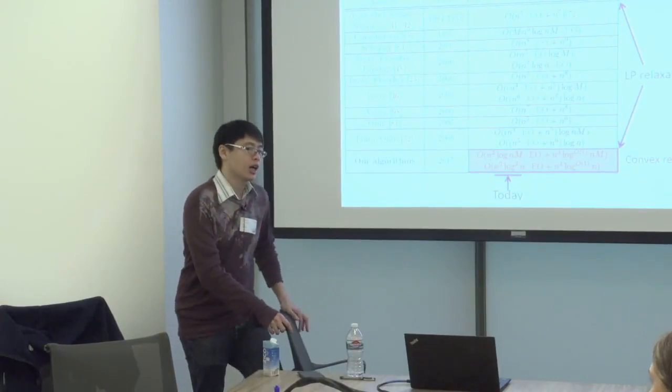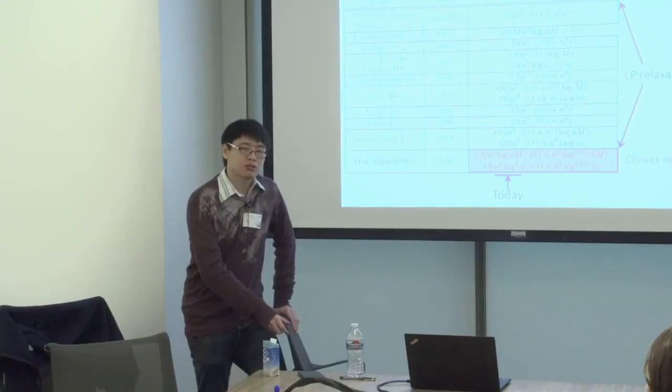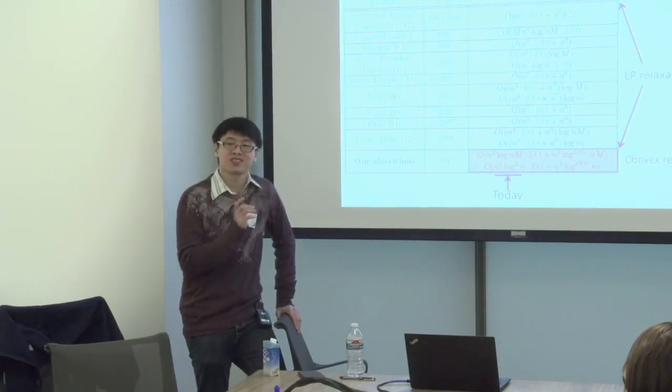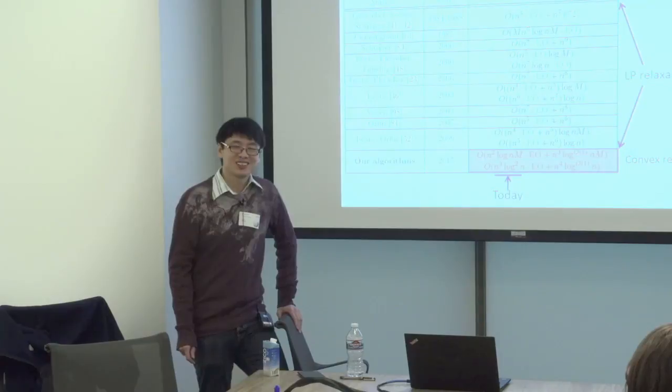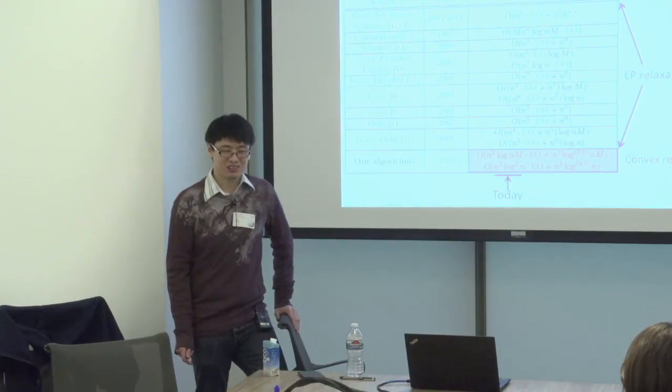Actually, one of the candidate lower bound examples is the cut function, the s-t min cut, s-t cut function. Yeah. I would say we don't really know anything yet, and I'll be very excited if there's any progress on the problem.